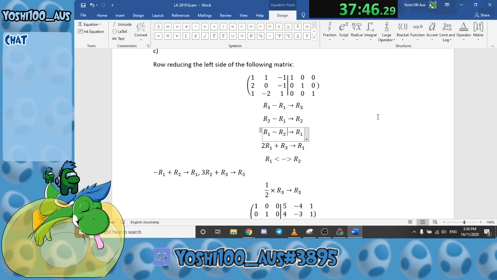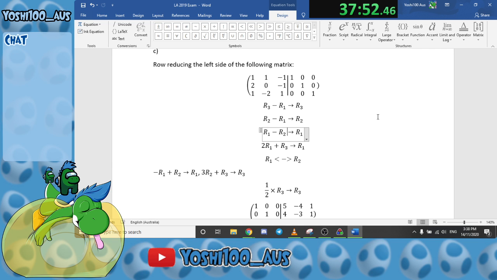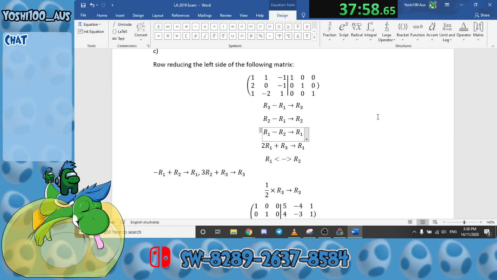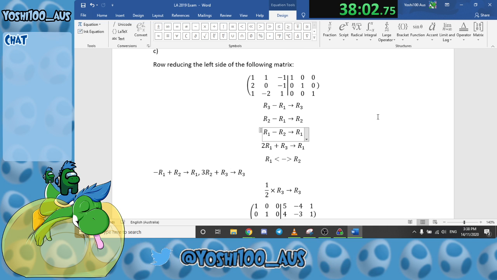So that's 1 plus 3 is 4. Minus 1 take 2 is minus 3. 0 plus 1 is 1. This one doesn't get changed. And then this one becomes 3 R2, which is 6. 9 take 1 is 8.